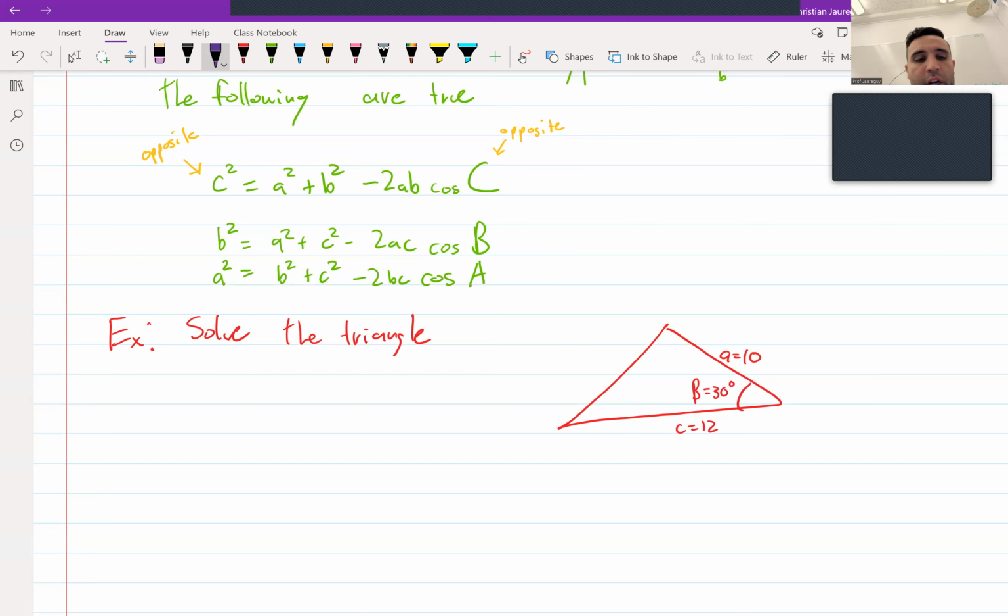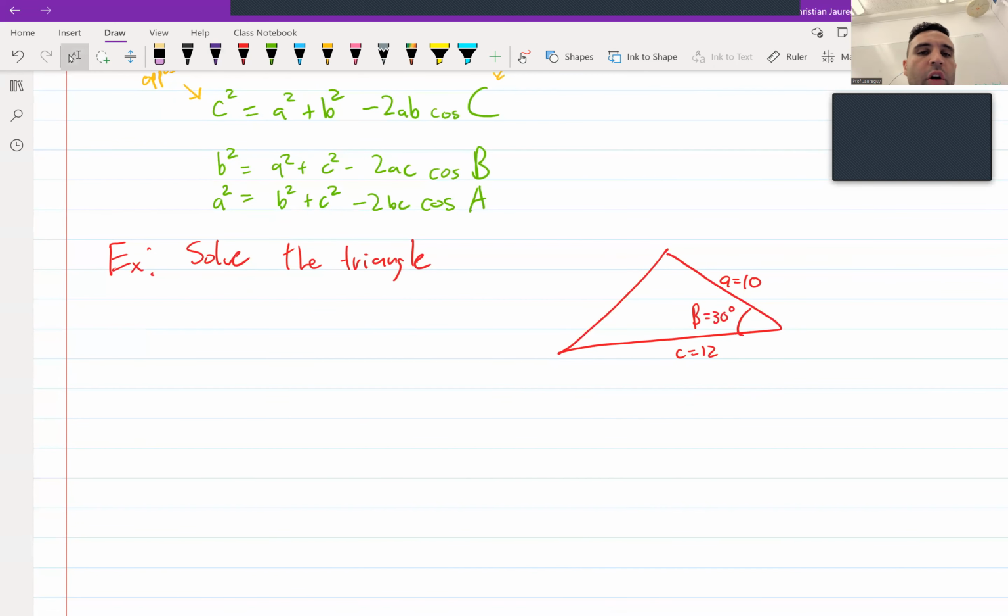So I start to work on it. What am I going to want to solve for? Well, the only angle I know is B, which is 30 degrees. So I need to pick from those three the one that uses big B. So it's got to be little b squared equals 10 squared plus 12 squared minus 2 times 10 times 12.